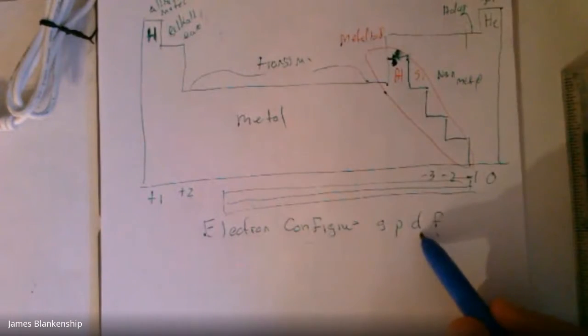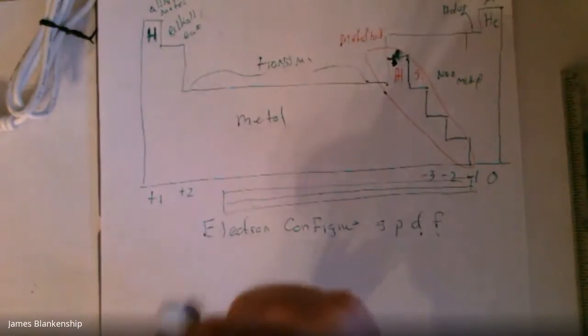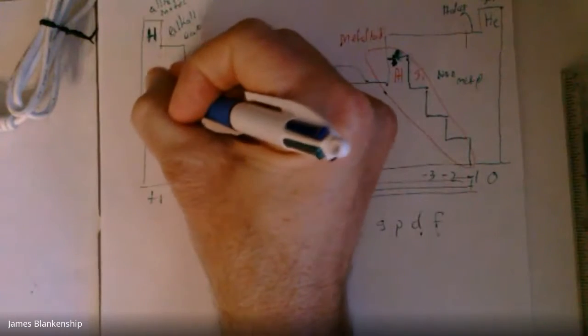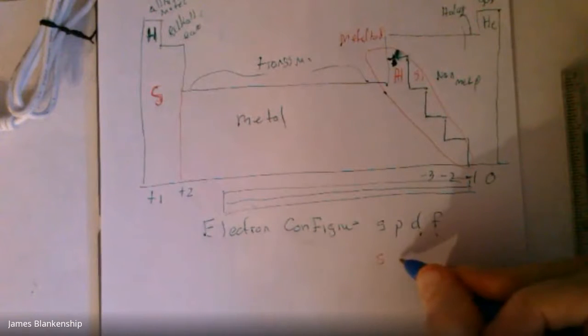Now, these subshells refer to different areas of the electron. So over here on this area of the periodic table, the first 2 columns will be S. And S can hold 2 electrons.